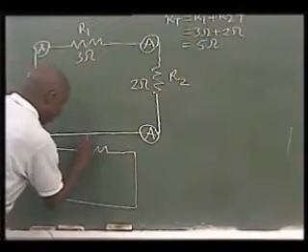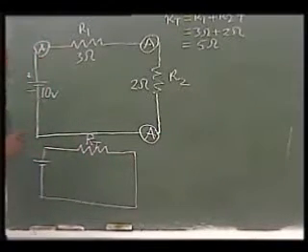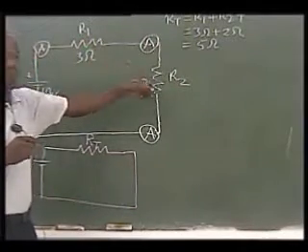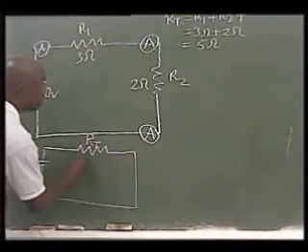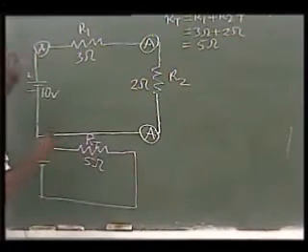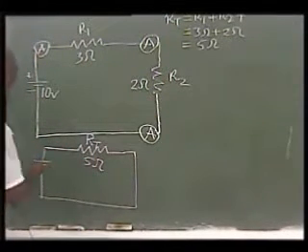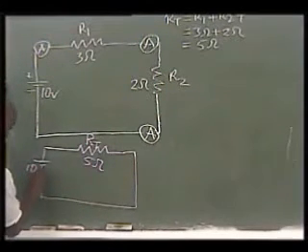I call it RT. Why? Because it's the total resistance. Seeing that I have found the total resistance for these two, I could replace them with just one resistor, whose value is going to be 5 ohms. Our voltage still remains at 10 volts. Okay?